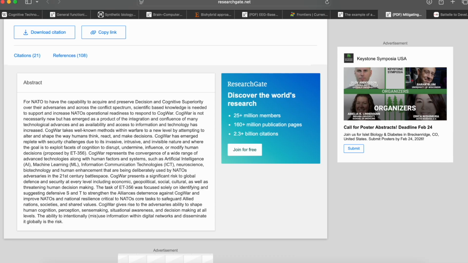COG war represents the convergence of a wide range of advanced technologies, along with human factors and systems, such as artificial intelligence, AI, machine learning, information communication technologies, neuroscience, biotechnology, and human enhancement that are being deliberately used by NATO's adversaries in the 21st century battle space. COG war presents a significant risk to global defense and security at every level, including economic, geopolitical, social, cultural, as well as threatening human decision-making.